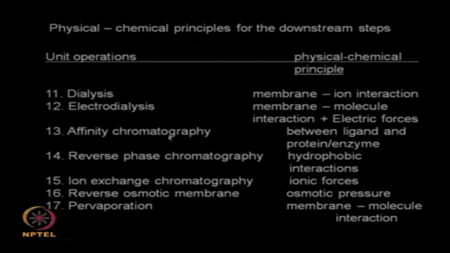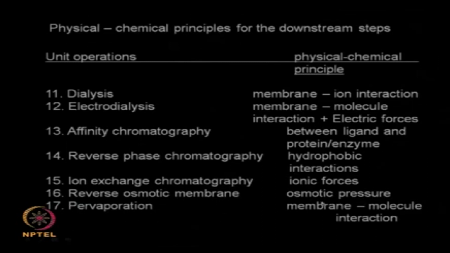Then we have something called affinity chromatography. Here it is based on a ligand and an enzyme, or a ligand and a protein. So, there is an affinity between the ligand and a protein, or ligand and an enzyme. Then we have something called reverse phase chromatography. It is based on hydrophobic interactions. Then we have ion exchange chromatography, it is based on ionic forces. Then we have reverse osmotic membrane, it is based on osmotic pressure.